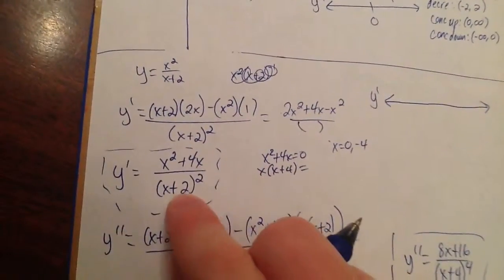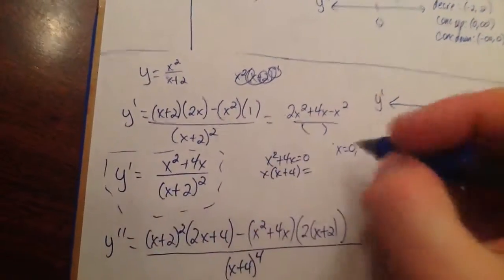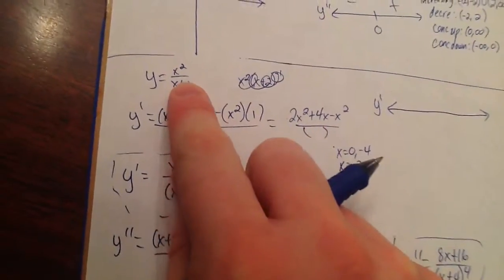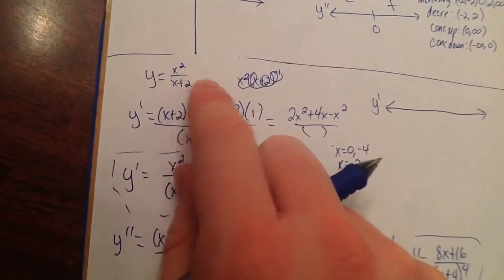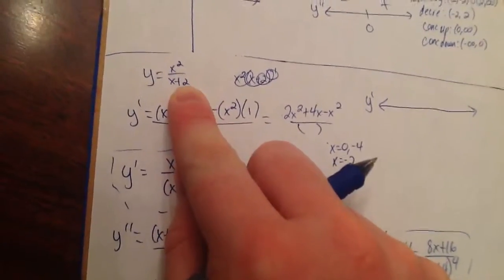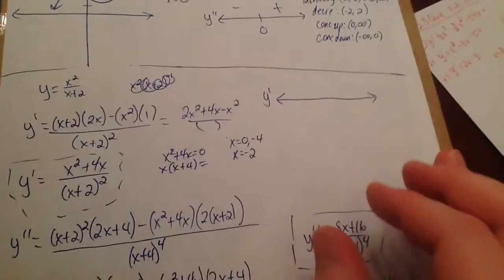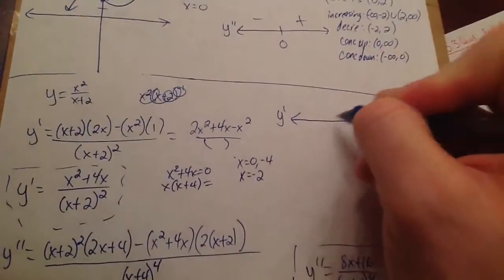Where that doesn't exist, where the bottom's 0, so negative 2. Any endpoints? Well, x can't be negative 2, so we already got that though. So there's all my critical points.